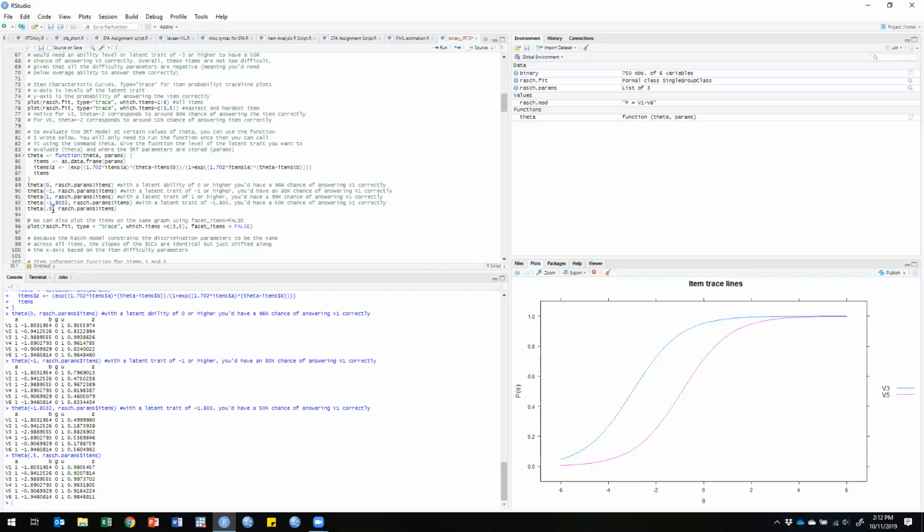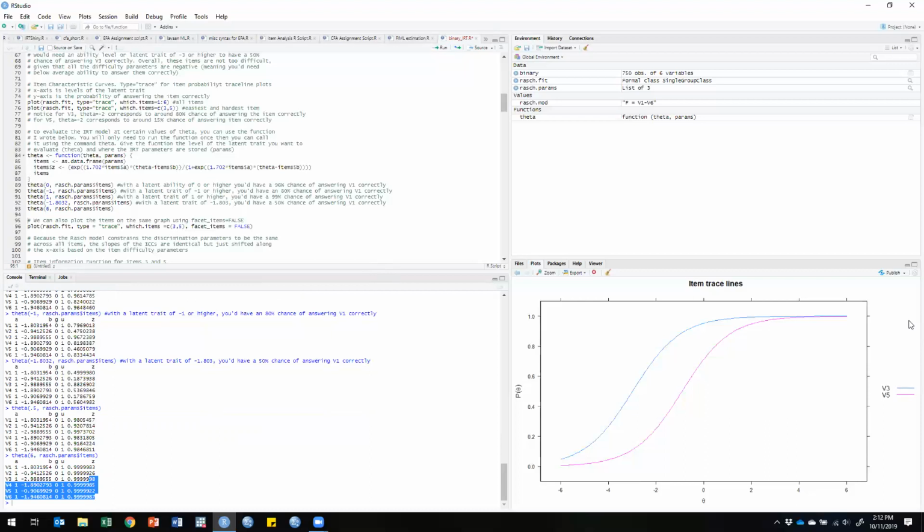Notice it doesn't matter how large theta is, you're really close to 1, but it asymptotes out at 1 and 0, so you never quite get to 1 and 0 there.